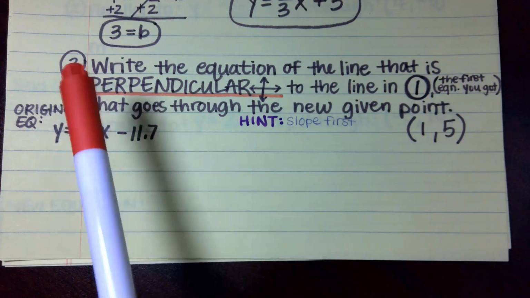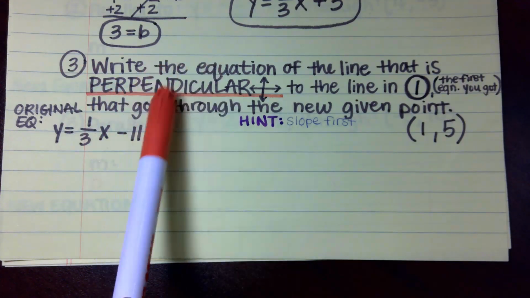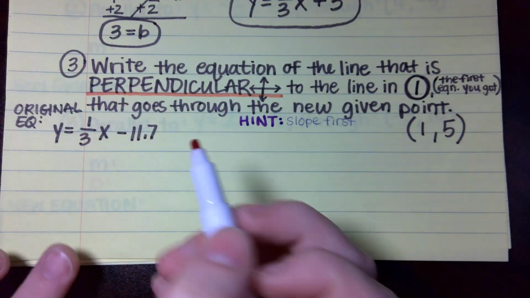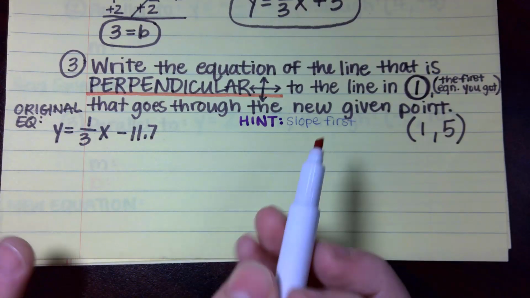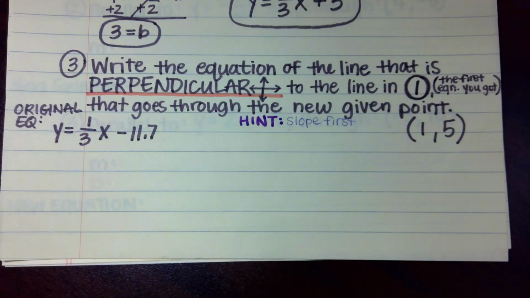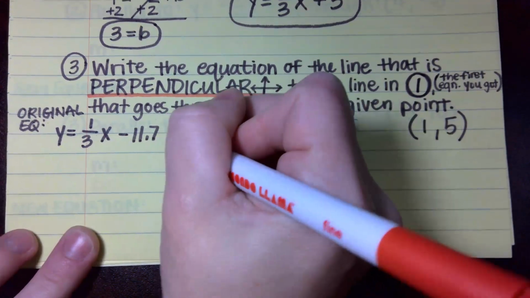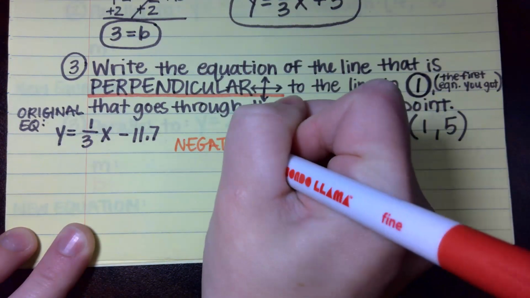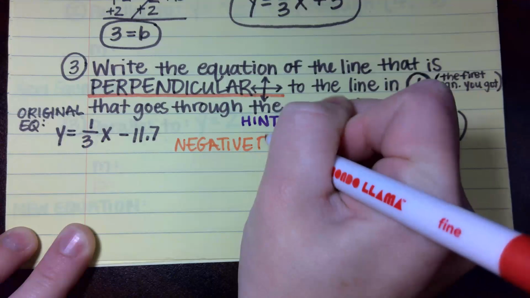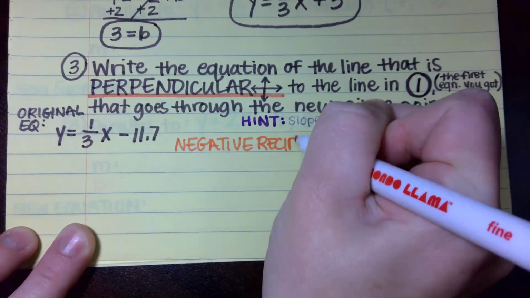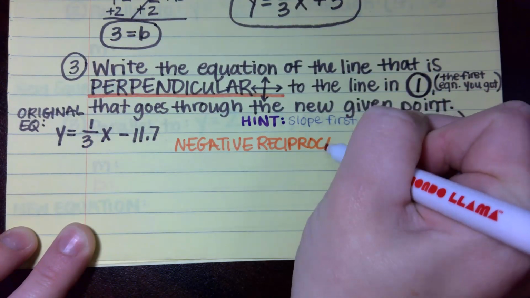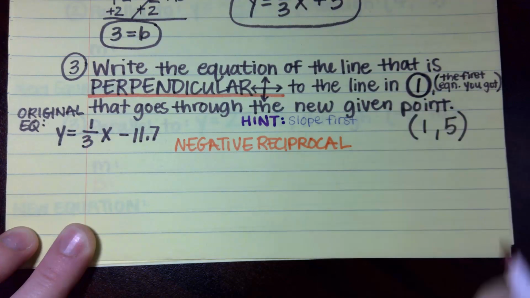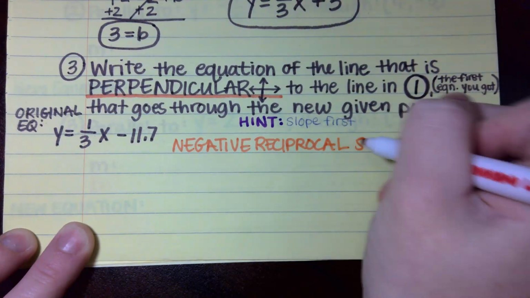Whenever we are writing the equation of a perpendicular line, we know that perpendicular lines have slopes that are negative reciprocals. So I'm going to write that here. Negative reciprocal slope.